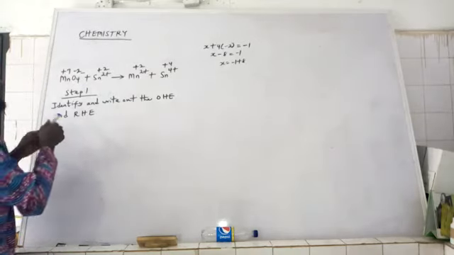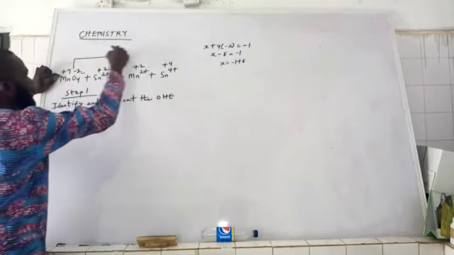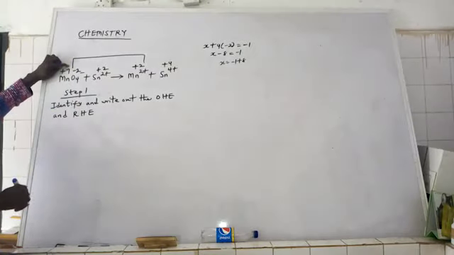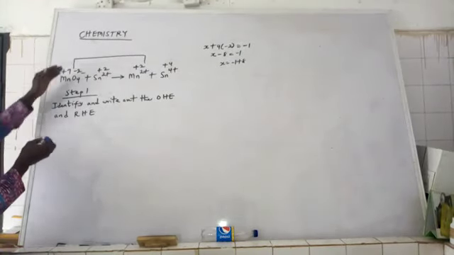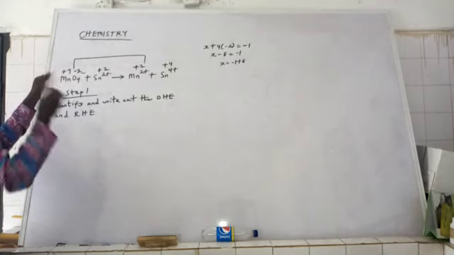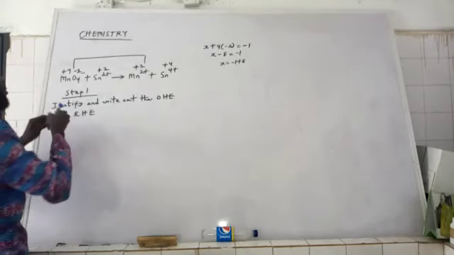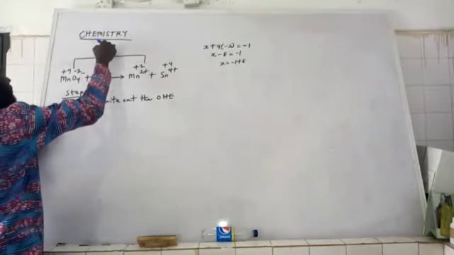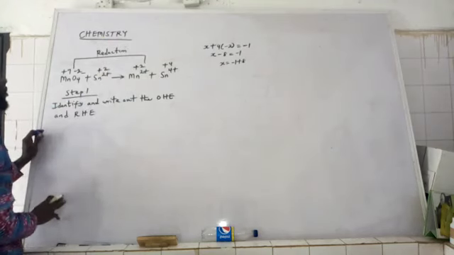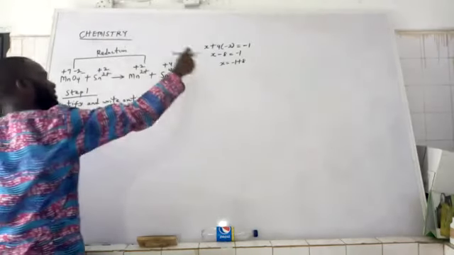Now, if we look at this, manganese was +7 here, but now it is what? +2. So that implies that there is a decrease in the oxidation number of manganese from the left hand side to the right hand side. So that decrease in oxidation number is called what? Reduction. So that means reduction has happened here. The oxidation number of tin here is +2 and it has increased to +4.